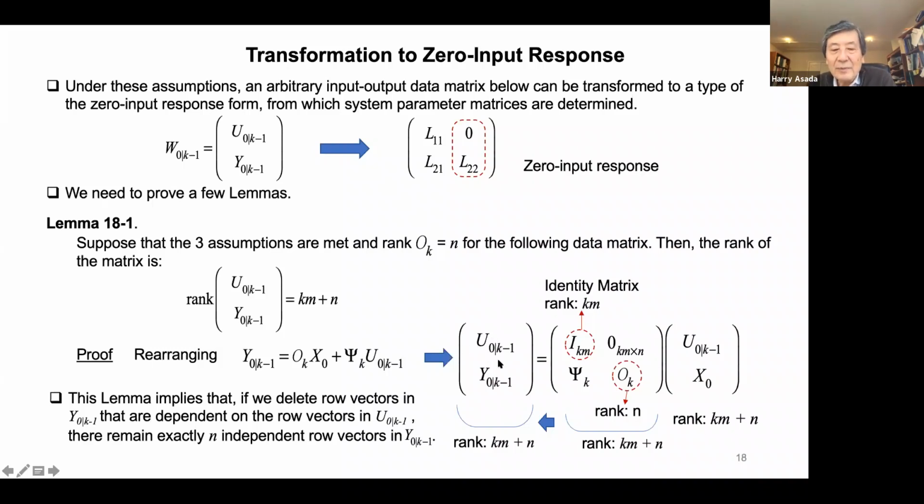It may overlap with the Y, but if you eliminate all the overlapping ones here, how many independent ones remain? Still n, the state dimension, independent row vectors remain over here. So this one contains such full rank information.